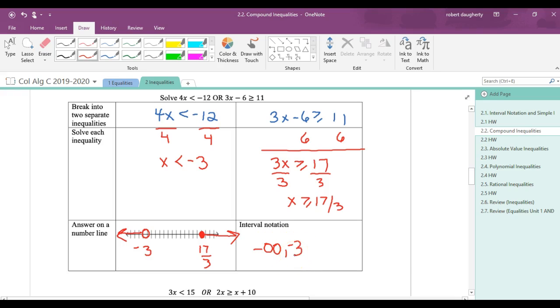What kind of enclosures? Parentheses. When I have two intervals, I just put that union sign. That means or. It's joining these together. What's this next interval? Goes from where to where? Yeah, 17/3 to infinity. What are the enclosures? Bracket, parentheses. Okay.